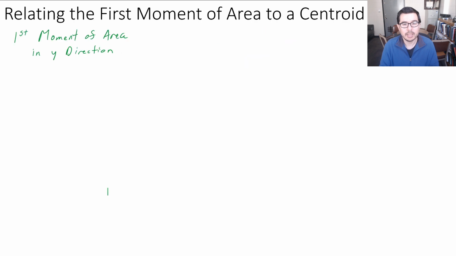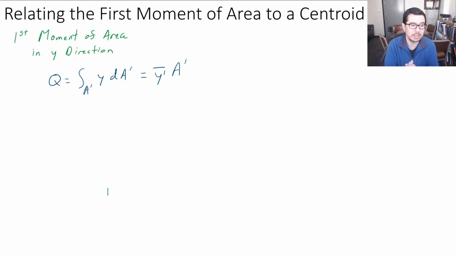So let's talk about how we've already come up with this expression, the first moment of area, and it's equal to the integral y dA prime, and it's equal to y bar prime, which is known as the centroid, times the area prime.